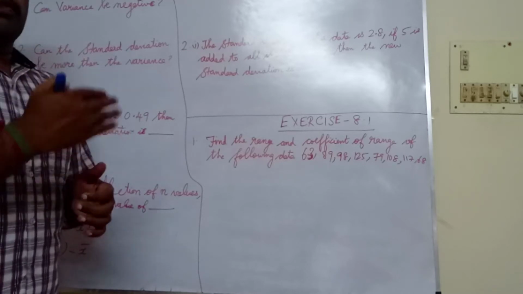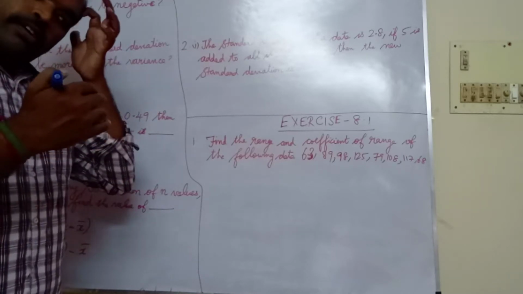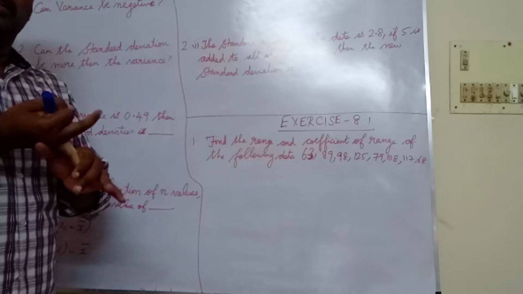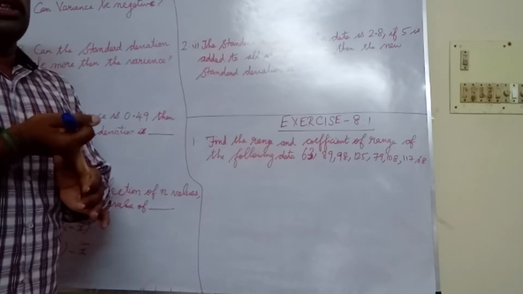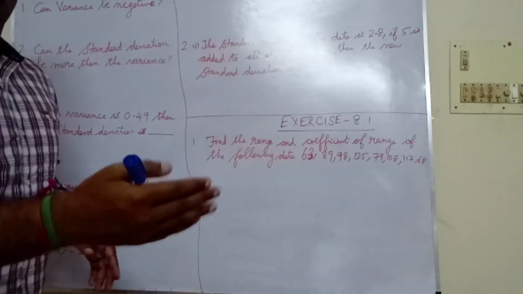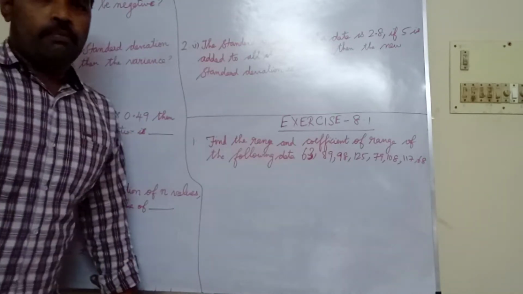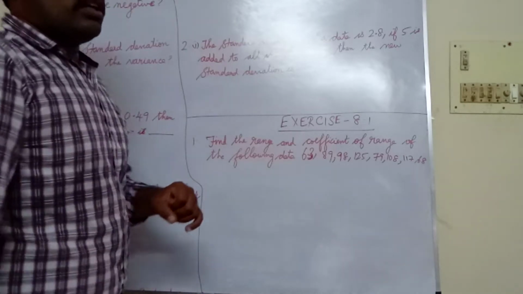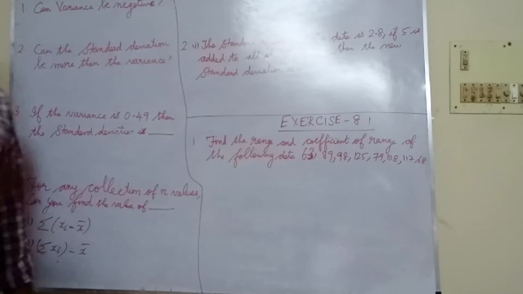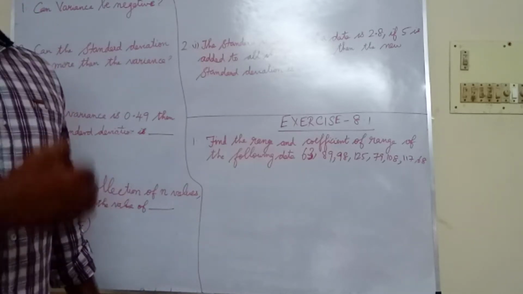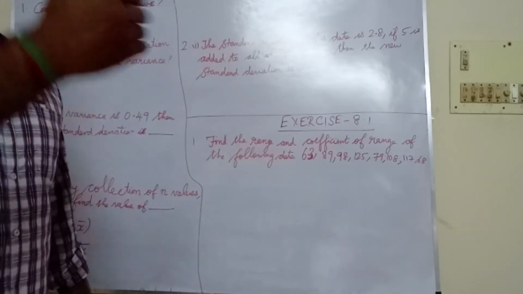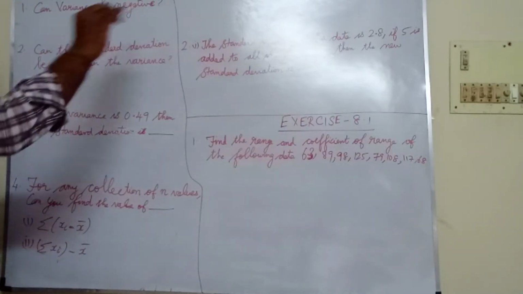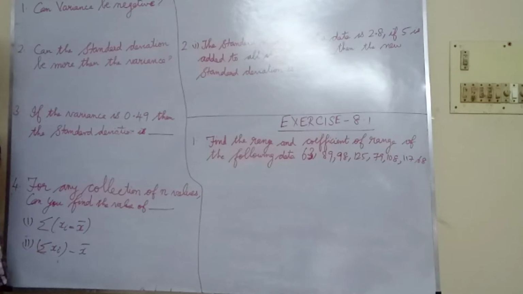For ungrouped data we saw the mean method, assumed mean method, and step deviation method. Likewise, we saw the same for grouped data: mean method, assumed mean method, and step deviation method. And a final formula which we have seen is the direct method in grouped and ungrouped data, and the next one is the coefficient of variance. Now, we are going to see a little more concept.